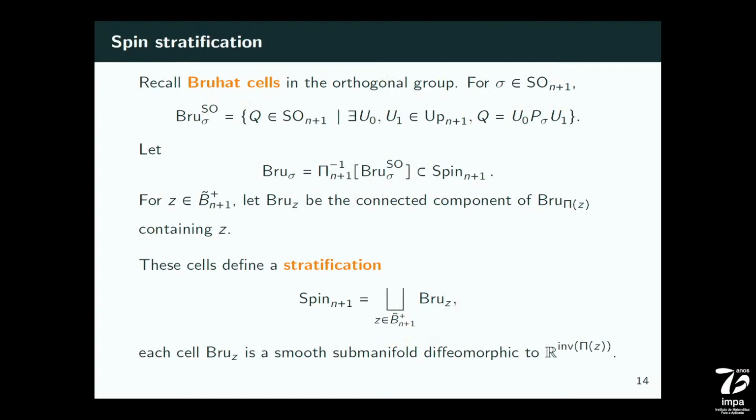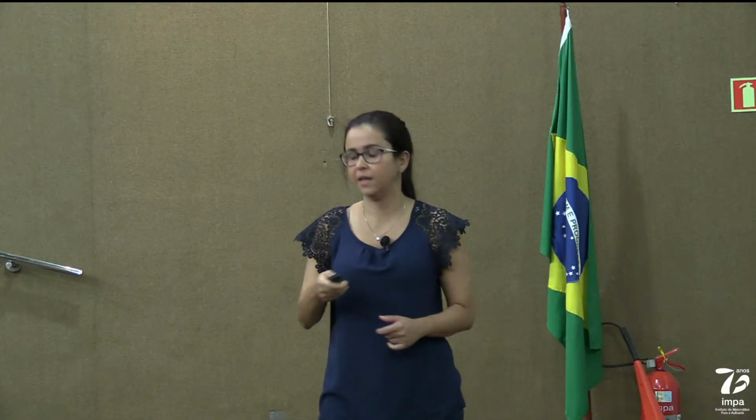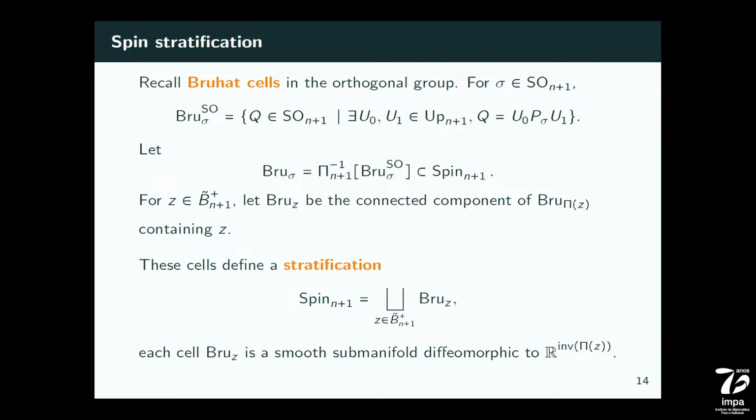Let me say, I have the Bruhat cells in the orthogonal group, and I want to define the Bruhat cells now in the spin group, which I call Bruhat sigma. Bruhat sigma is, if I take the inverse image of this cell, and I fix that Bruhat Z is the connected component here that contains Z. Because, let's say that the group P Z, if I have Z or minus Z, group P Z is equal to group P minus Z. And then we fix like this the connected component of Z.